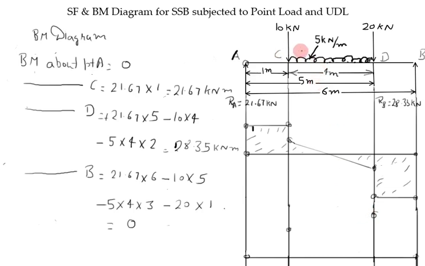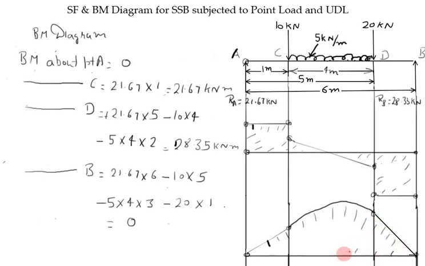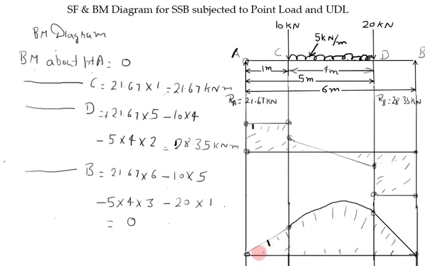Wherever there is UDL, we have to join that point with curved line, then join D to B with the straight line. Now this is the bending moment diagram for a simply supported beam which carries 2-point loads as well as UDL.